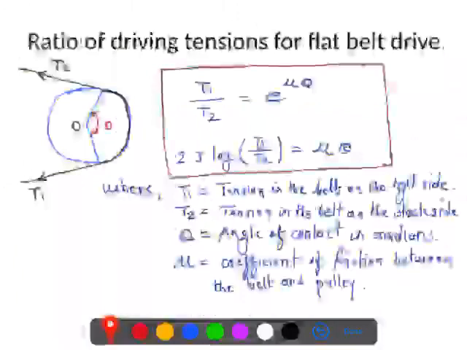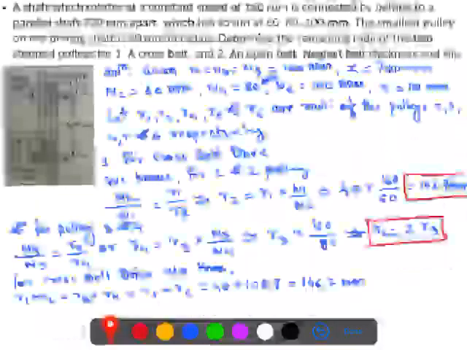This is the case for this particular problem, and that's why we are saying that R1 plus R2 is equal to R3 plus R4 is equal to R5 plus R6.